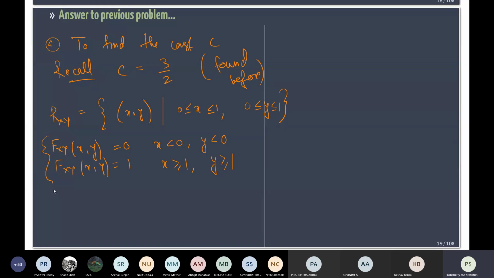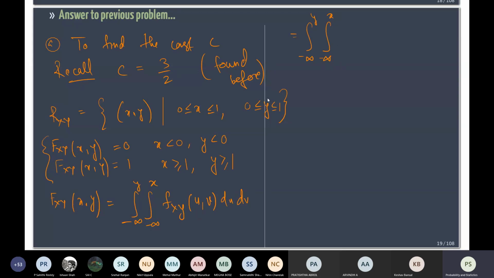To find the CDF of the remaining region, by definition, we integrate from -infinity to y and -infinity to x of the joint PDF, and we use u and v to not mix them up with x and y.